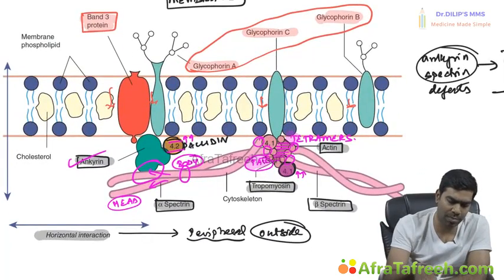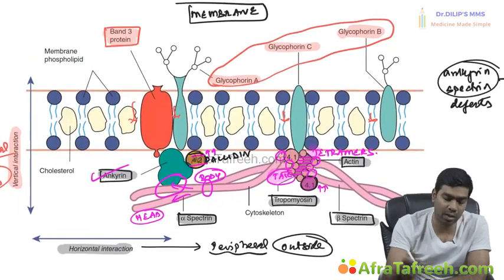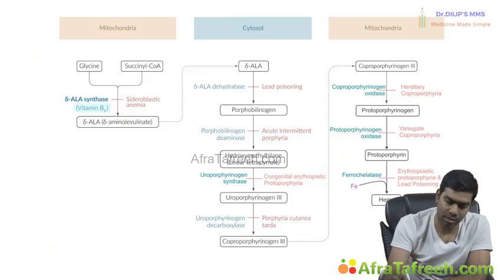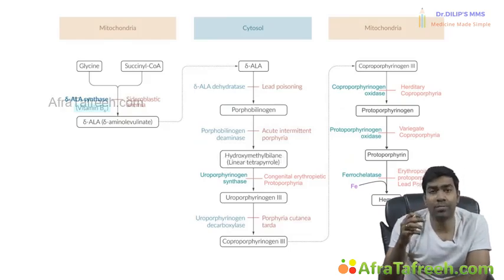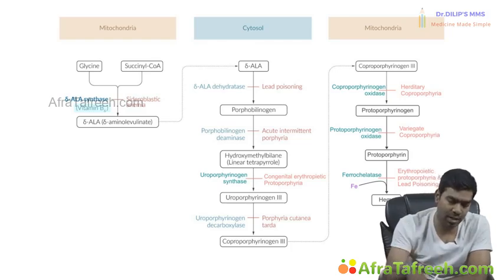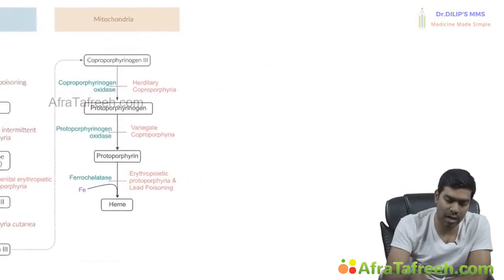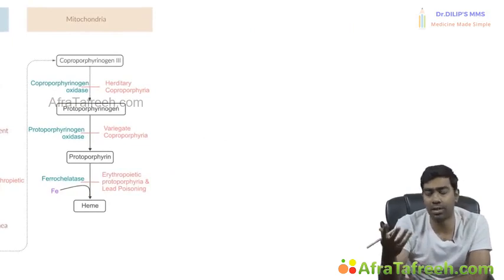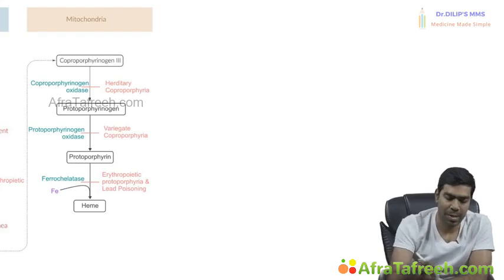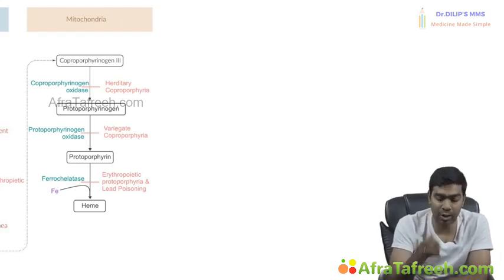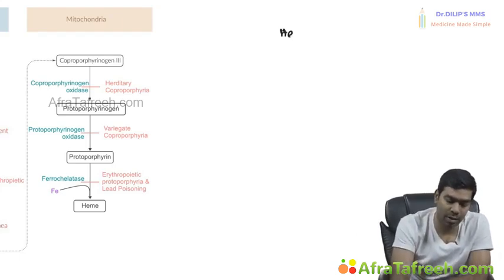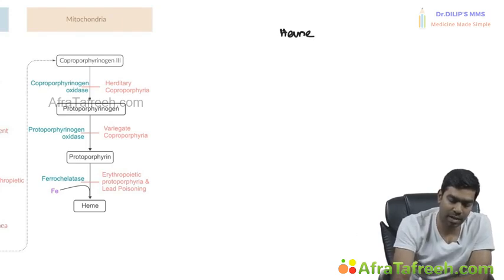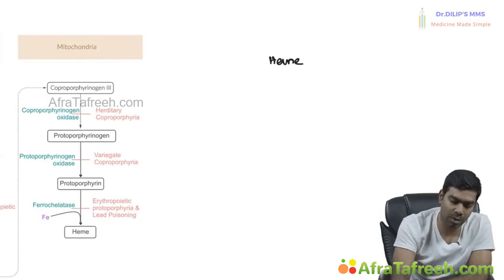Once you have known about the RBC membrane structure, the next thing to understand is heme synthesis. So before going on to the proper heme synthesis, we can talk about what is the content of the RBC cytoplasm. If you ask me about the content of the RBC cytoplasm, the first thing you know very well is heme, and this heme is going to come from two important components.